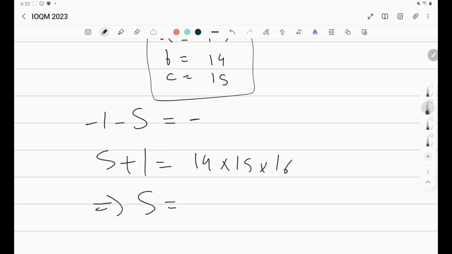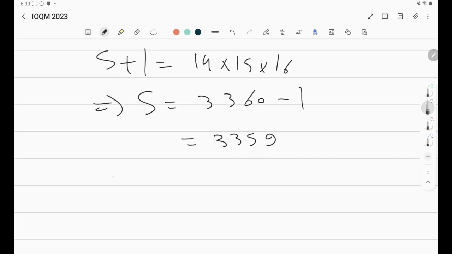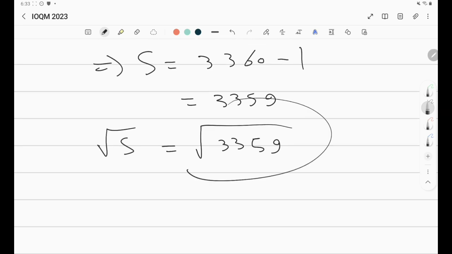So what is 14 times 15 times 16? You can easily calculate it. It's going to be 3,360. So this thing, s, minus 1, is equal to this thing. Remember, our goal is to find root s. So this is equal to root 3359, and we need to find the nearest integer to this.